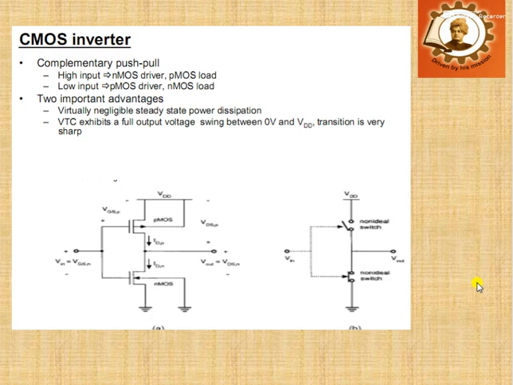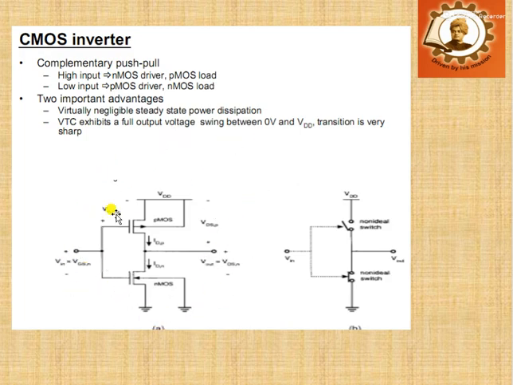This circuit is complementary push-pull in the sense that for a high input, the NMOS transistor drives the output node, while the PMOS transistor acts as a load. For low input, the PMOS transistor drives the output node while the NMOS transistor acts as a load. Both the devices contribute equally in the circuit operation characteristics.